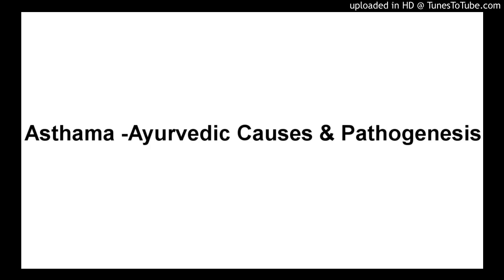Write down the three things. When there is Tamak Schwas plus Jwara, that is fever, plus Murcha, that is unconsciousness, if these three things are together, that is called Pratamaka. Personally, I feel this is called an emergency in asthmatic patients.